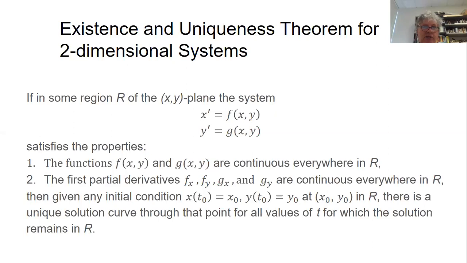Let's say we have some region R of the xy plane, and our autonomous two-dimensional system satisfies these properties: in that region R, the functions f and g are continuous everywhere, and the first partial derivatives df/dx, df/dy, dg/dx, and dg/dy are continuous everywhere in R. Then, given any initial condition, at some time t naught, x is x naught and y is y naught, where (x naught, y naught) is some point in our region R, there's going to be a unique solution curve through that point for all values of t for which the solution remains in that region R.